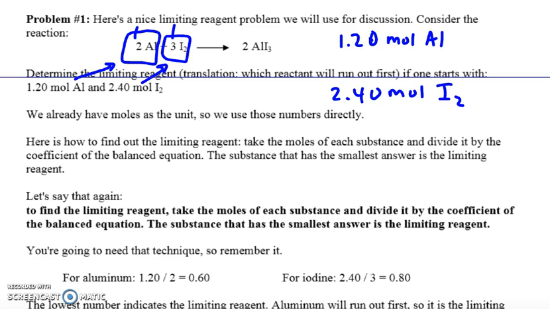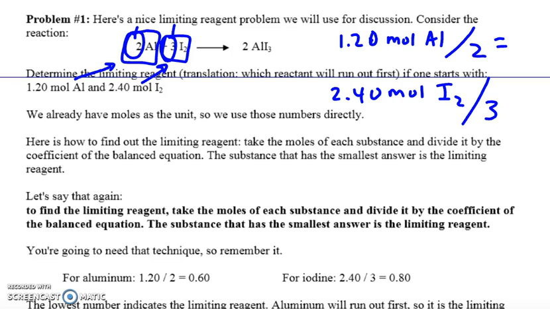Notice I'm not factoring in the coefficients yet, but I'm going to divide each one of these by its coefficient from the balanced equation. So the 1.20 moles of aluminum, I'm going to divide by 2, the coefficient in front of the aluminum. I'm going to divide the 2.40 moles of iodine by the coefficient in front of the iodine from the balanced equation.